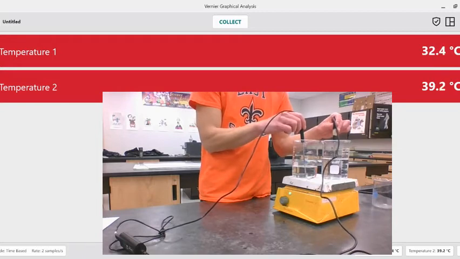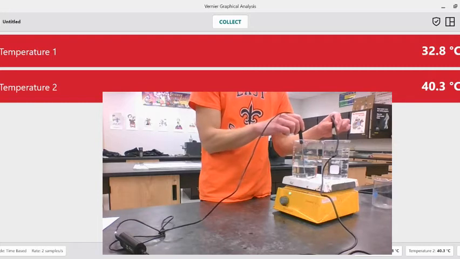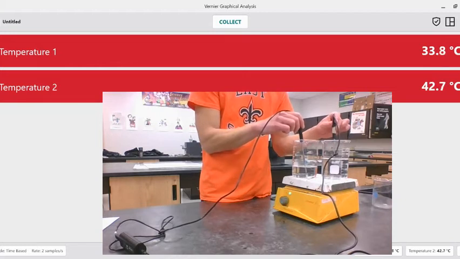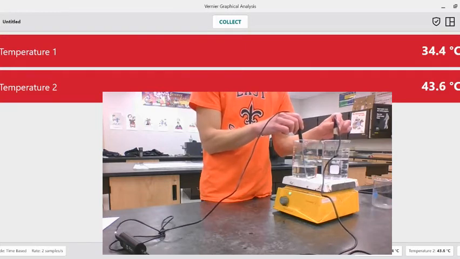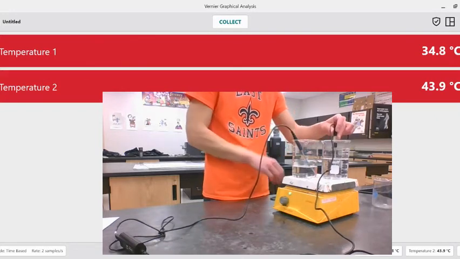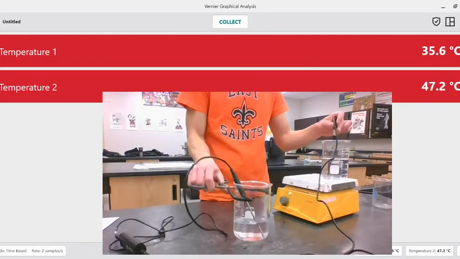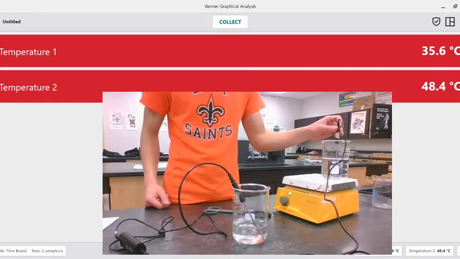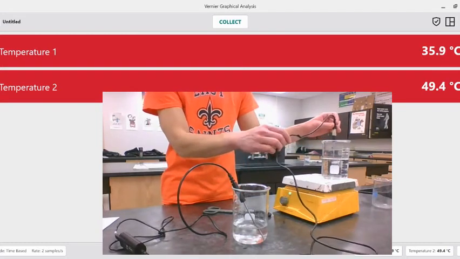What it looks like is happening is that the beaker with less water in it has already got to 40, whereas the beaker with twice as much water is at 33. Now they're both going up, and at a pretty constant rate too. So we're heating both to 40. I'm going to go ahead and take this one off because it's already there. So I'm going to leave that off, and then we'll keep heating this one for another minute or so until we get there.